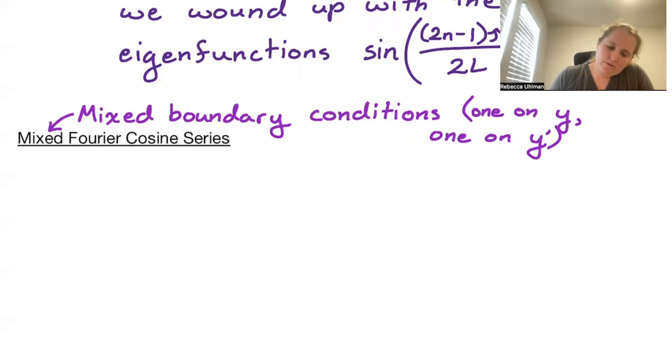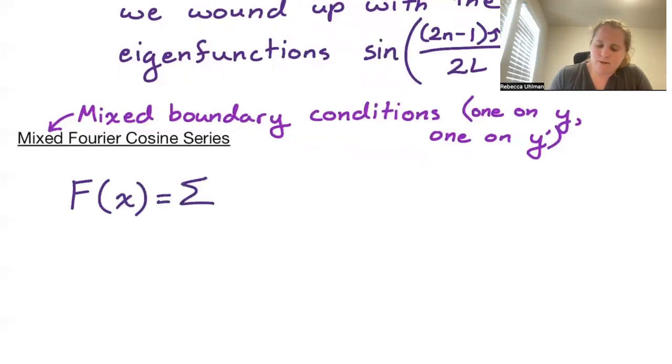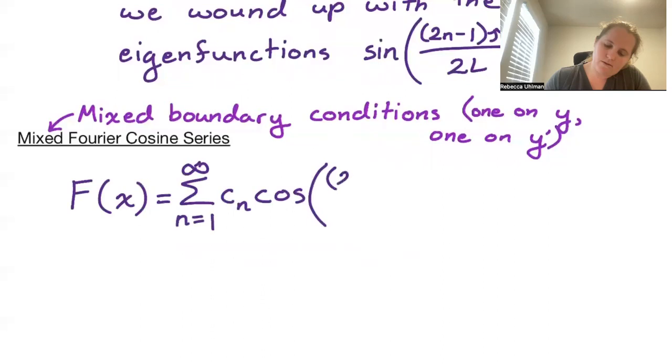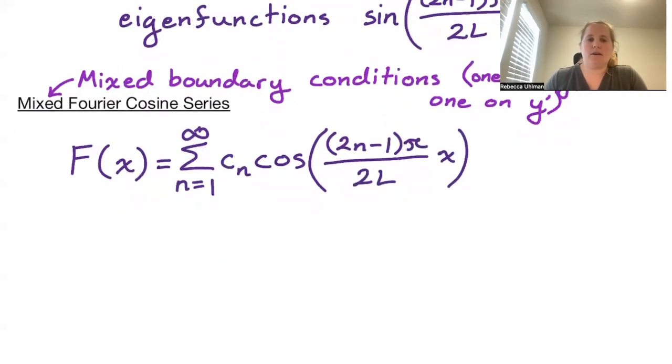The mixed Fourier cosine series is f of x equals the sum from n equals 1 to infinity of c sub n times cosine of (2n minus 1) pi over 2L x. Again, our c sub n look basically like what we had in the previous case.